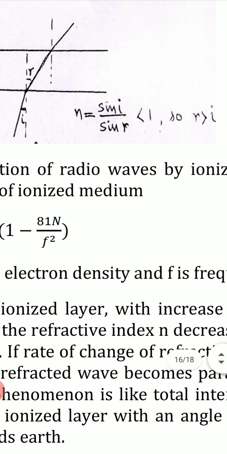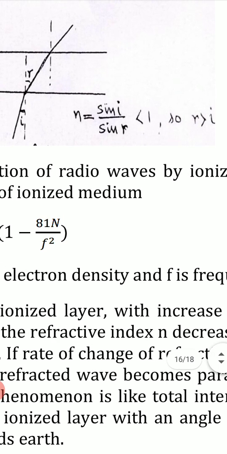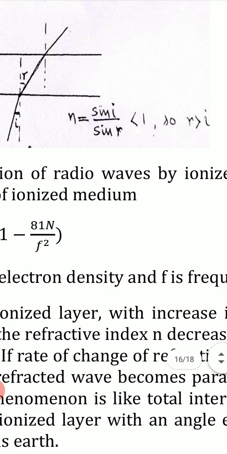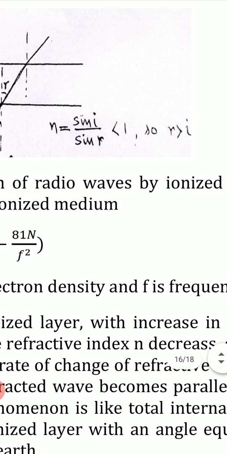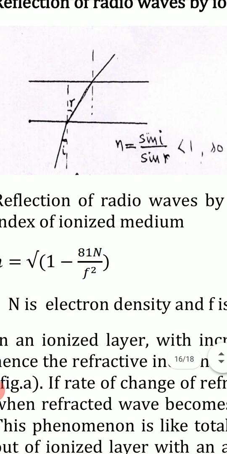So n equals sin I upon sin R and it is less than 1. So I is less than R, or R is greater than I. So this angle of refraction R will be greater than the angle of incidence I.